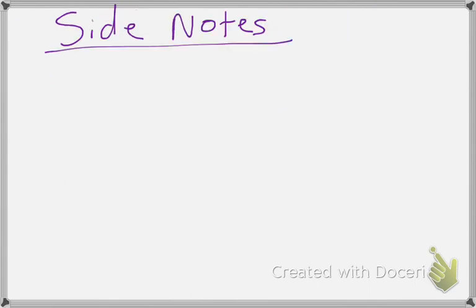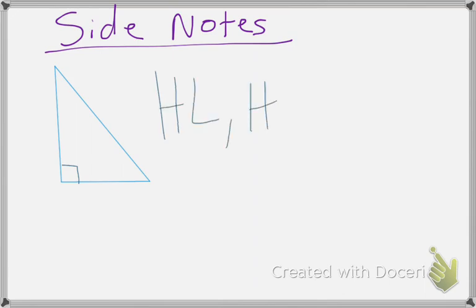Okay, Emily, there's some side notes here. It depends how your teacher is going to do it. There are some special ones that we use for perfect right angles. Like if I tell you this is a right triangle, they're special ones. They're special side angle sides. There's hypotenuse leg, hypotenuse angle, leg angle, and LL.